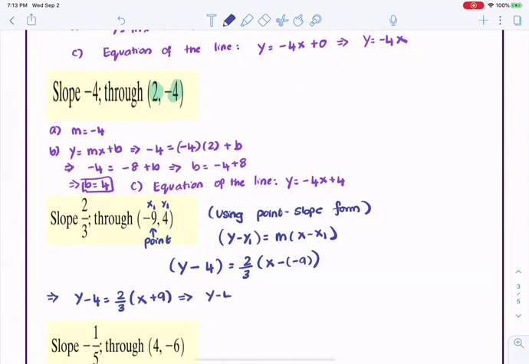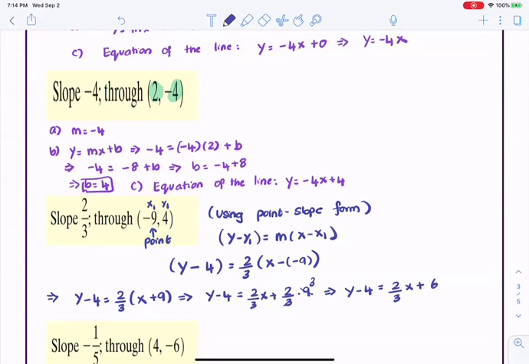Y minus 4 equals, distribute the 2/3. You have 2/3 x plus 2/3 multiplied by 9. So the 3 and the 9 will get cancelled 3 times. So we will have y minus 4 equals 2/3 x plus 2 times 3 is 6.